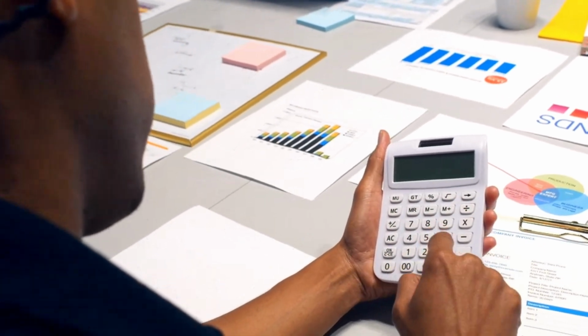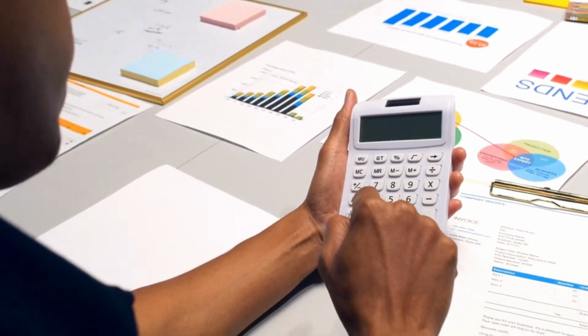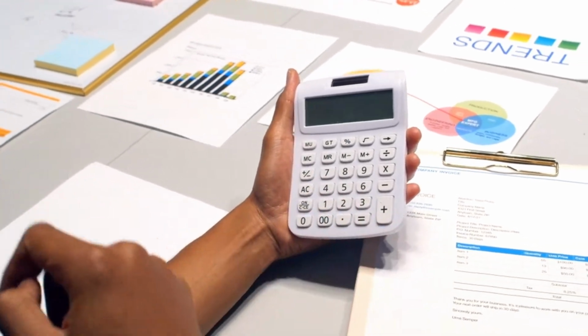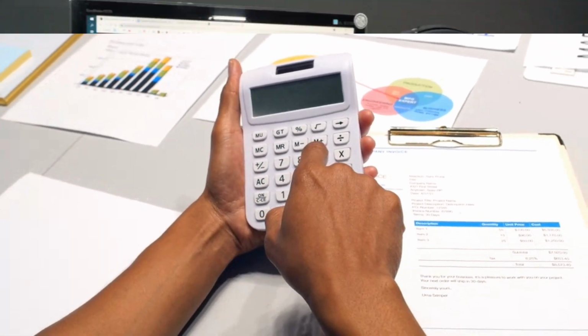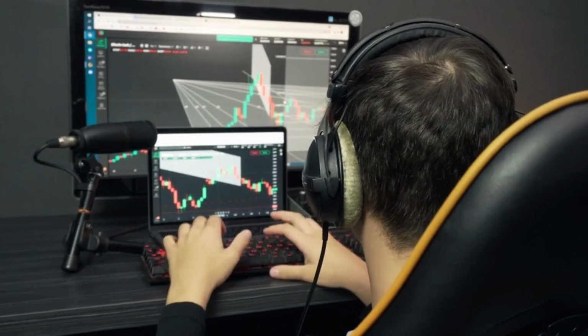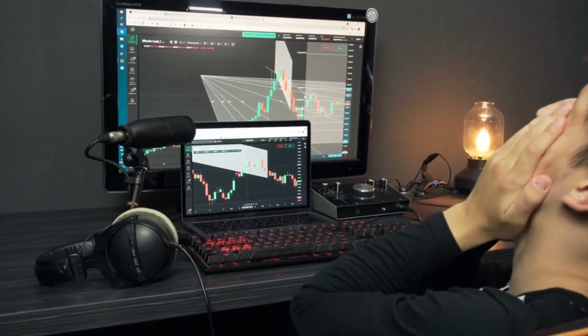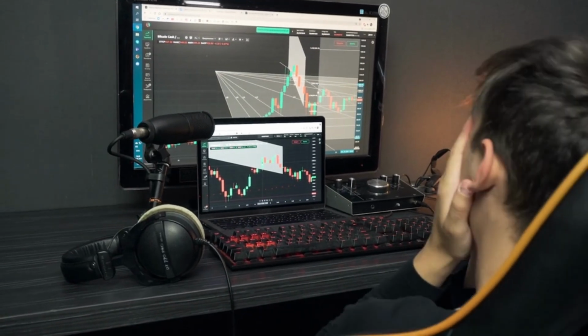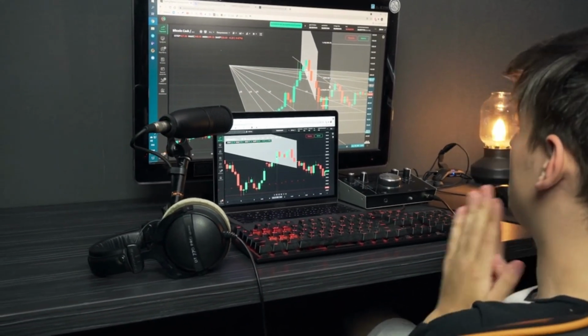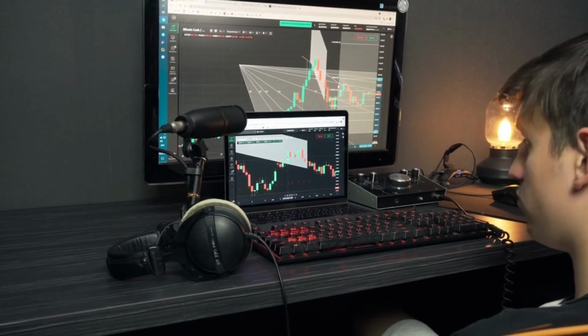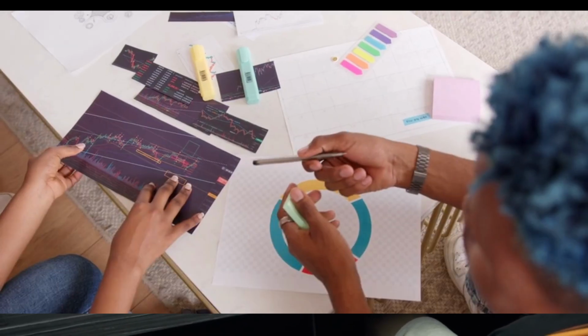In every market phase, having a clear strategy is essential. During bullish periods, consider riding the upward momentum, but remain vigilant for signs of overextension. In bearish markets, focus on capital preservation and look for opportunities to buy quality assets at discounted prices.